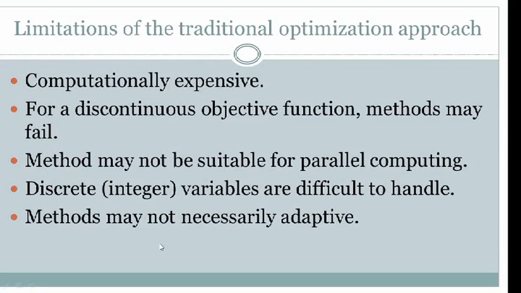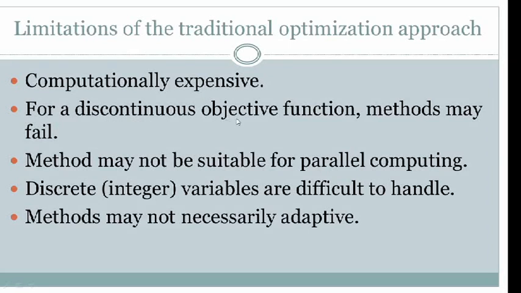Now in the recent era, there are several new approaches for finding the optimum value of an optimization problem. So we must say there are some limitations of the traditional optimization approach, that is, it is computationally expensive.